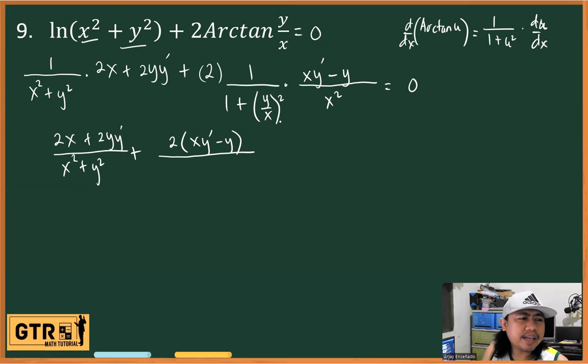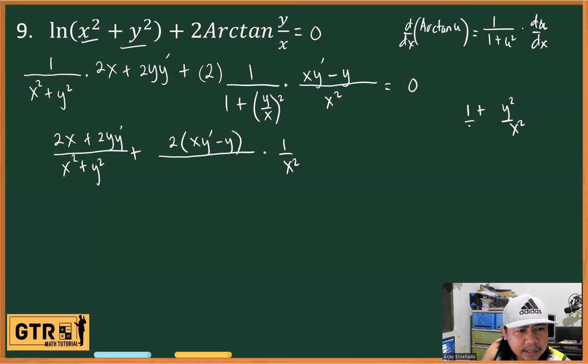So this can be written as 1 over x squared for this term, times xy prime minus y, so we just multiply by 2 and then simplify this. So let's isolate this term. We have 1 plus, distribute the exponent, y squared over x squared.